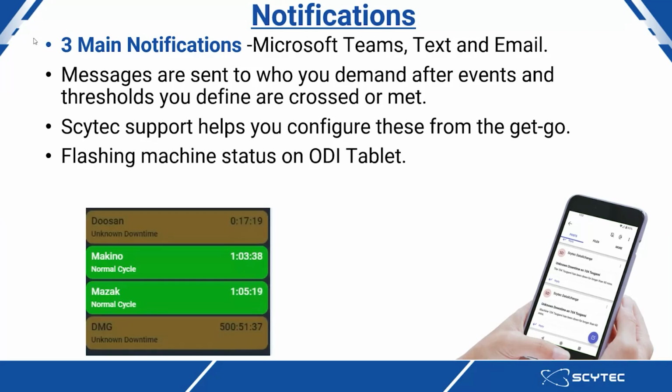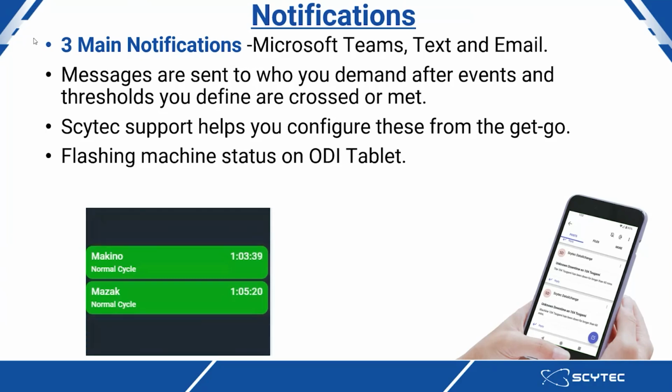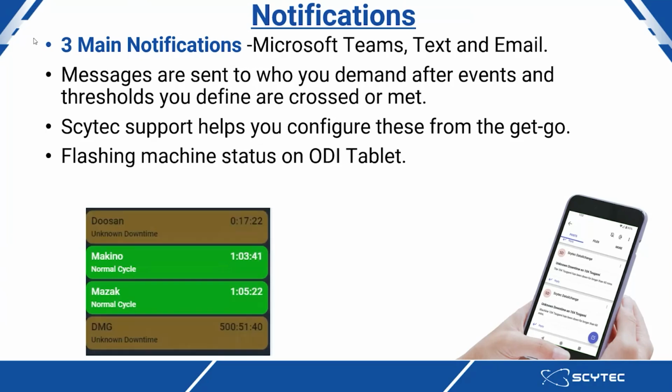You tell us what you want to be notified about, what kind of issues you are looking to solve, and we can help you curtail these messages and notifications to fit your needs. There's also a bunch of pre-canned ones that are included with DataXchange right from the very start. And there's even some other alternative notification features that you can get from the ODI tablet as well. If you look in this left-hand corner, you can see a flashing GIF of a Doosan machine as well as a DMG boring machine.